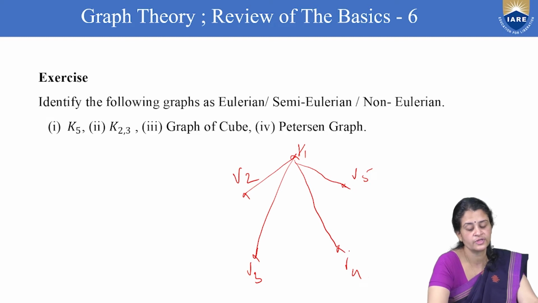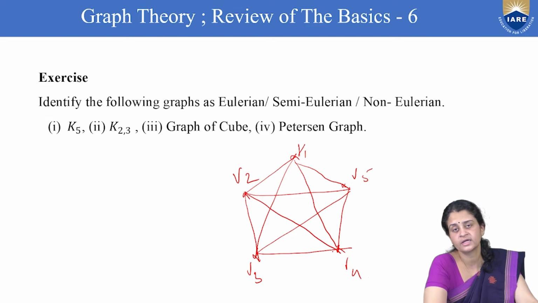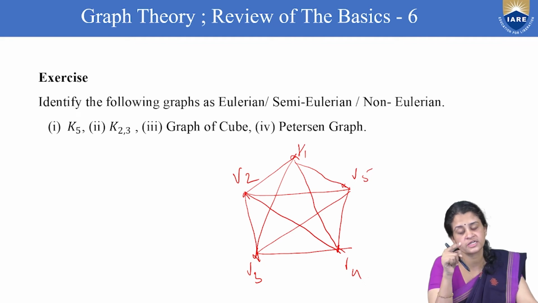V1 is adjacent to V2, V3, V4, V5. It's a complete graph on 5 vertices, K5. Is it Eulerian? For a graph to be Eulerian, what is the condition? We should travel every edge exactly once and reach back the starting point. Can we find such an Eulerian trail in this graph?